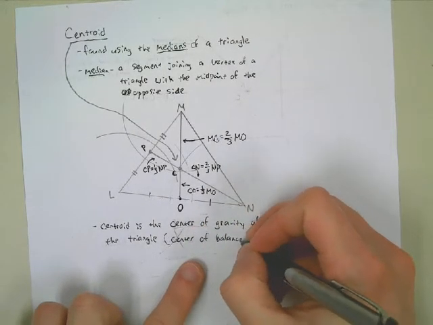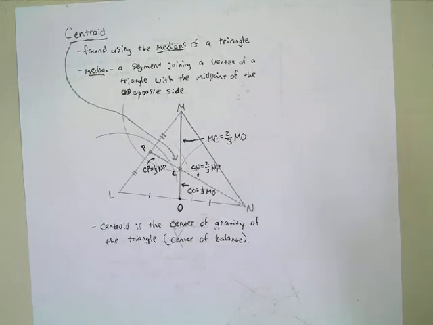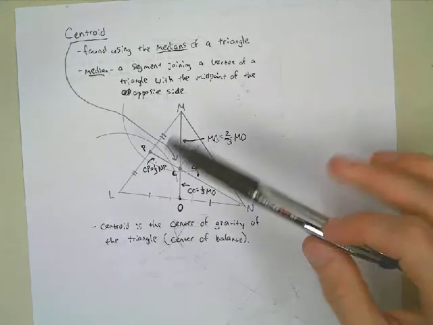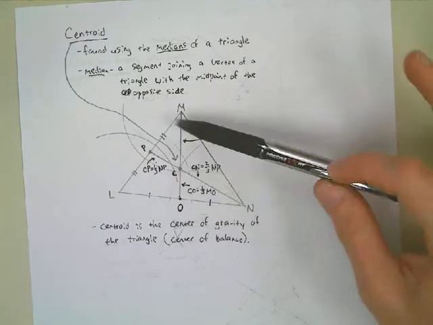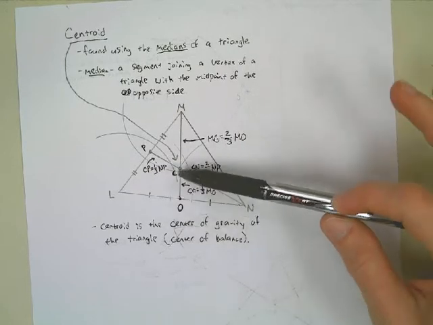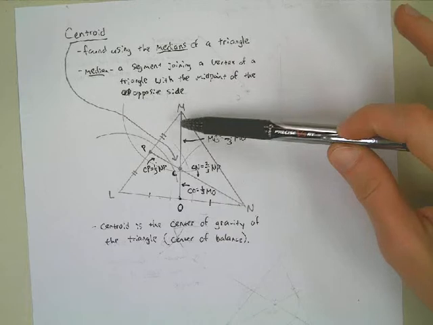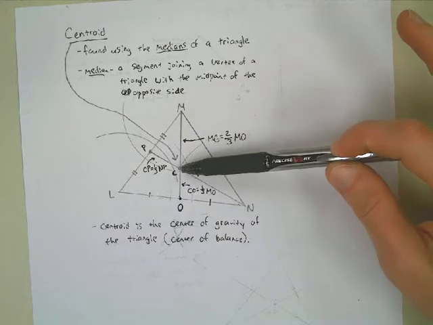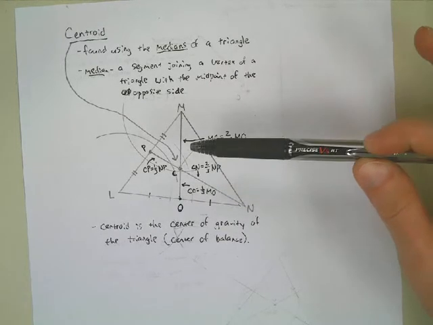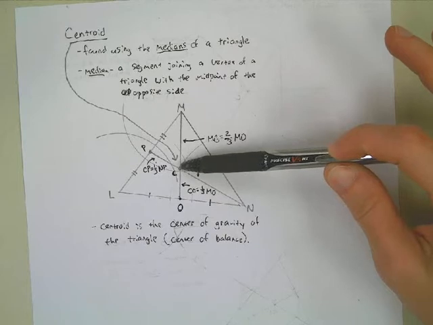So if we were very precise in drawing our medians and finding our centroid, and very precise in cutting out our triangle, then this triangle would balance on a pencil point. Right at that point, you'd put your triangle on top of a pin or a pencil to make the triangle balance.